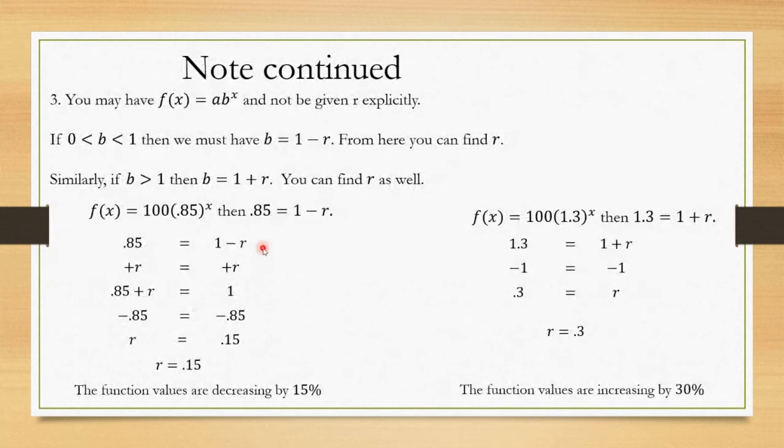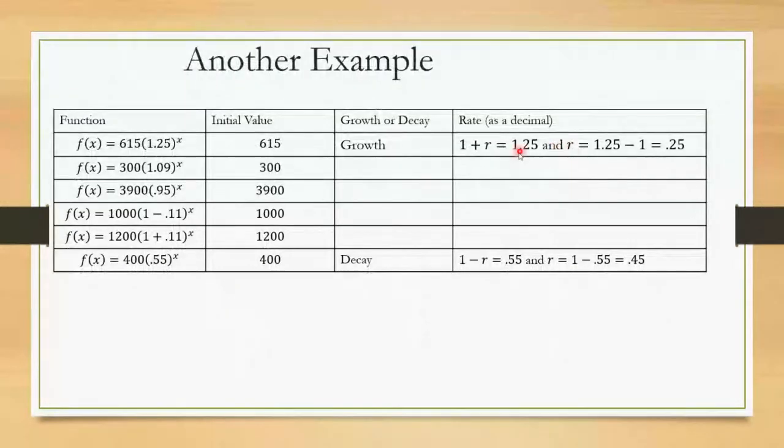Then it's the same kind of calculation: you subtract 1, and your r is 0.25. So the rate, the percent that it's growing, is 25%. So this is exponential growth, and the function values are growing at a constant percent rate of 25%. You could also just say the rate as a decimal is 0.25.